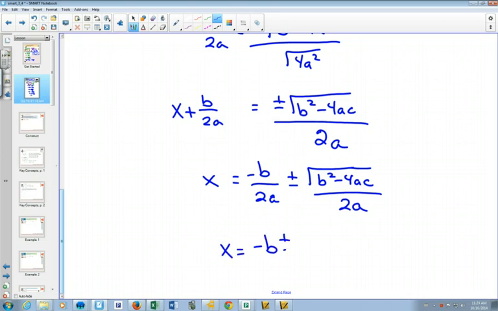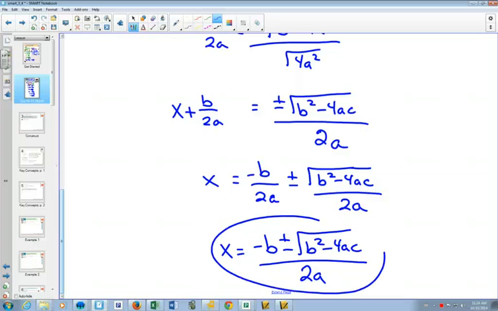So we can add the tops all over 2a. And this is the famous quadratic formula.